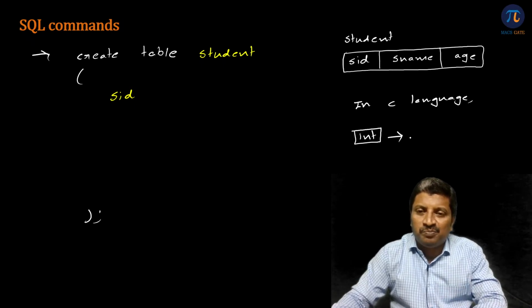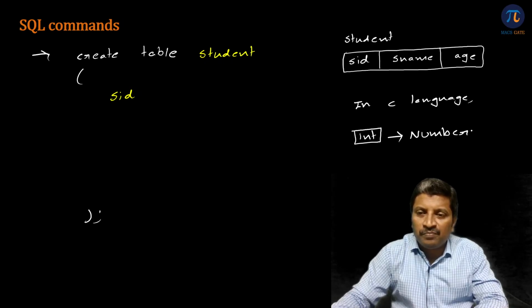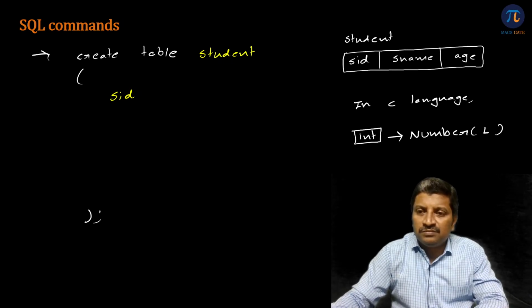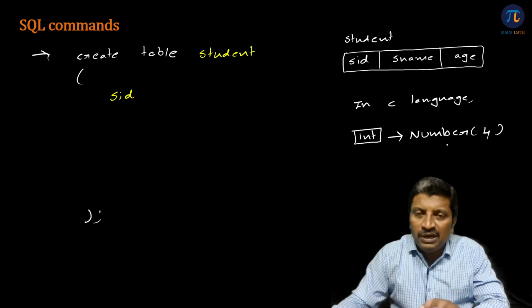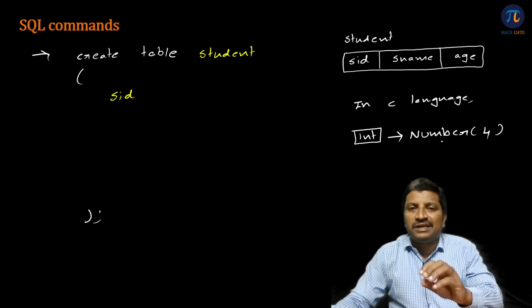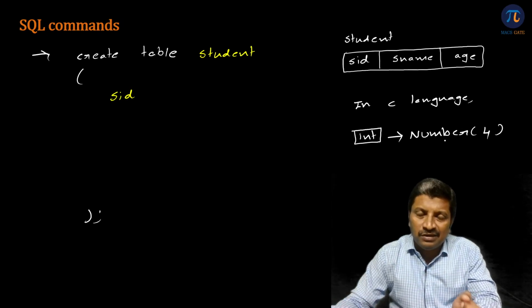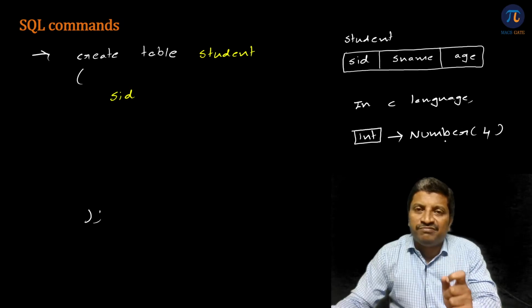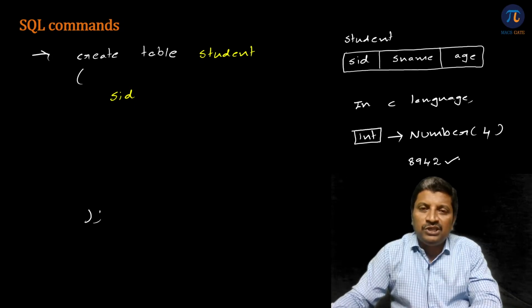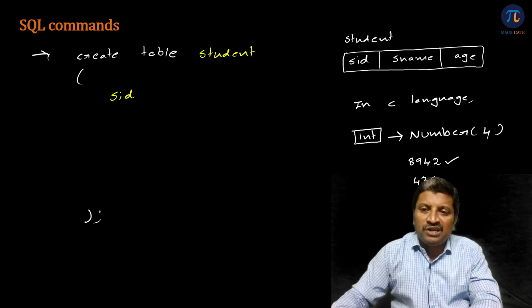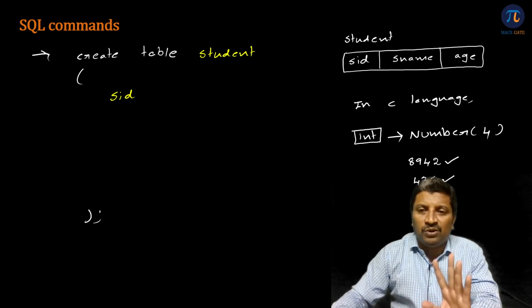In general, people will use number of some integer. So what is the meaning of number of 4? Number of 4 means I can consider any integer which can have a maximum of 4 digits. Suppose the user has given 8942. It is allowed. Suppose the user wants to give 435. It is having a maximum of 4 digits, so it is also allowed.